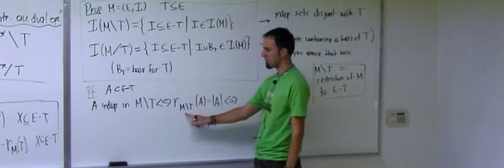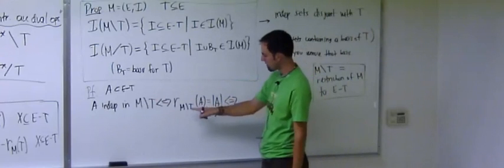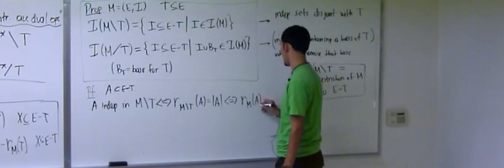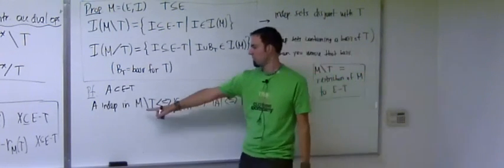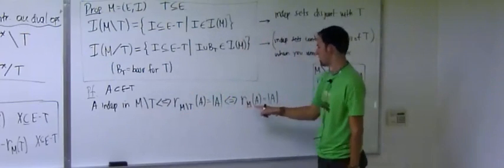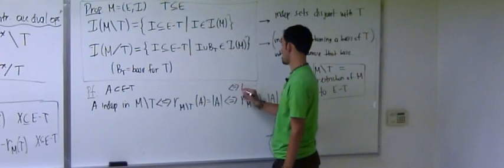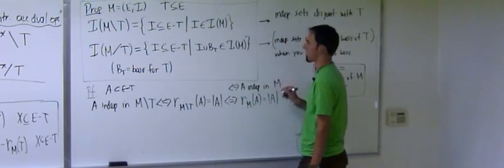But the rank of a deletion, the rank in M delete T of A, is just the rank in the matroid of A. So A is independent in the deletion if and only if A was independent in the matroid. And that proves the first one.